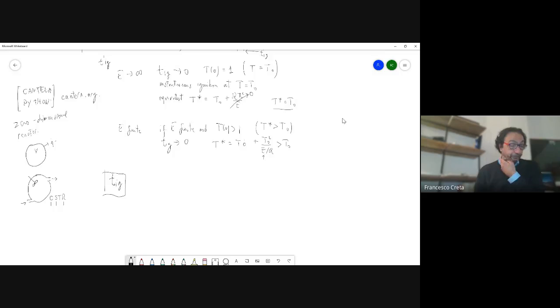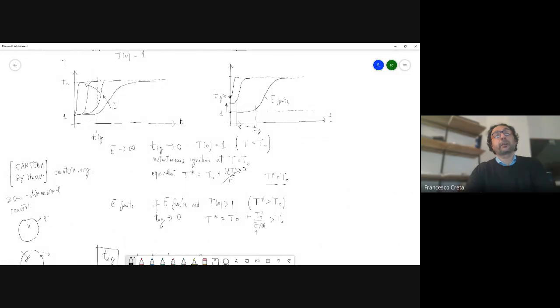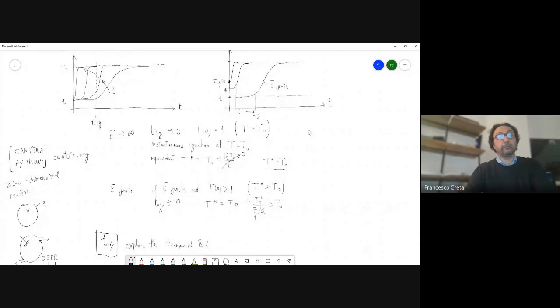What does it depend on? Well, what we can do is explore the so-called temporal boundary layer, BL. The temporal boundary layer is essentially this layer here, where you have this initial transient.